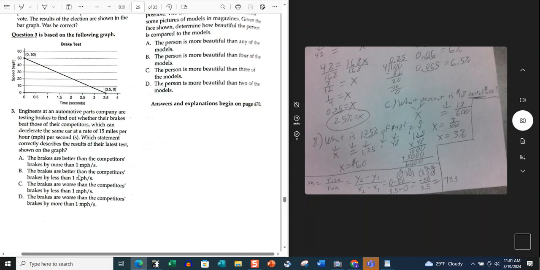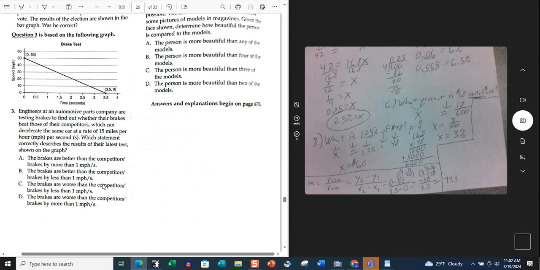The brakes are better than the competitor's brakes by less than 1 mile per hour per second. And then we have the brakes are worse than the competitor's brakes by less than 1 mile per hour per second. And the brakes are worse than the competitor's brakes by more than 1 mile per hour per second.